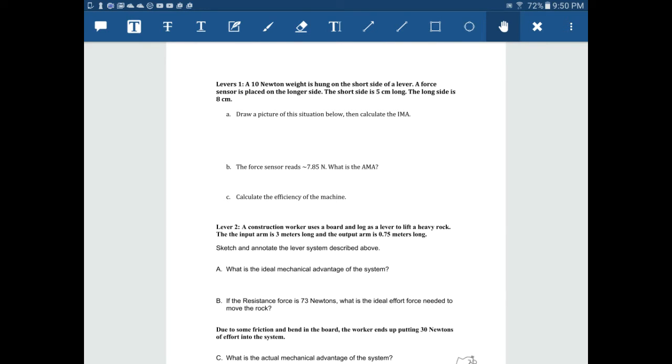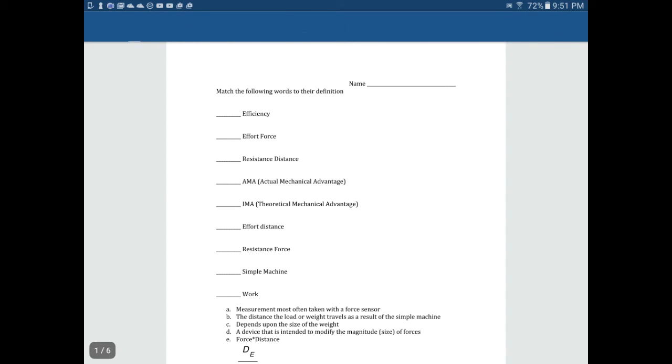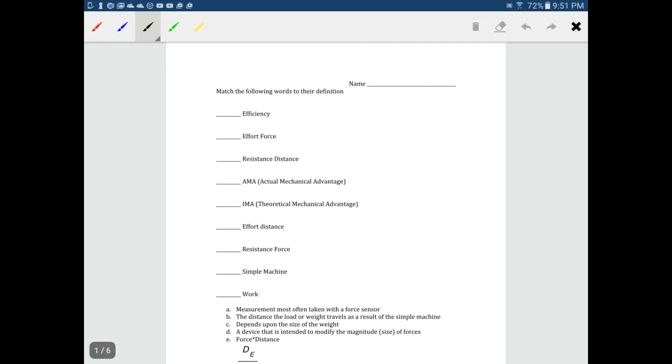For each one of these, we're going to do the following. Let me go back here and let's do a quick notes session while we're at it. The IMA, that is the ideal mechanical advantage. That's what we calculate the mechanical advantage to be, what it's supposed to be.